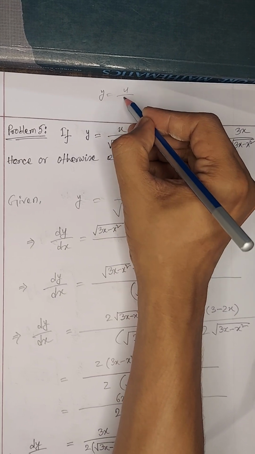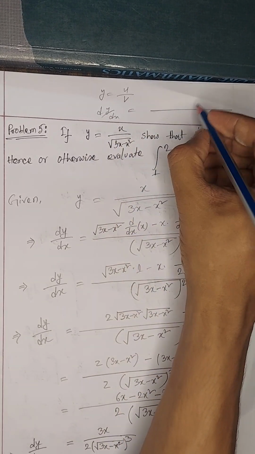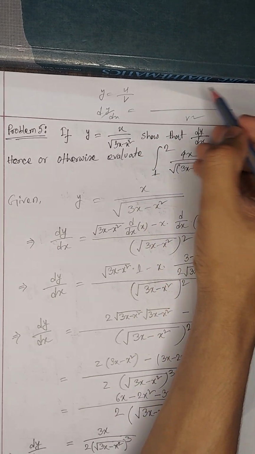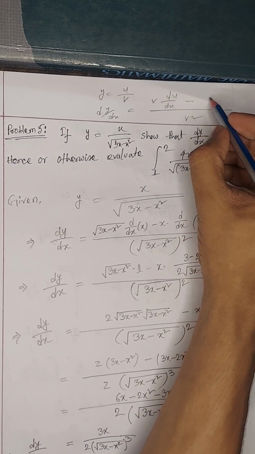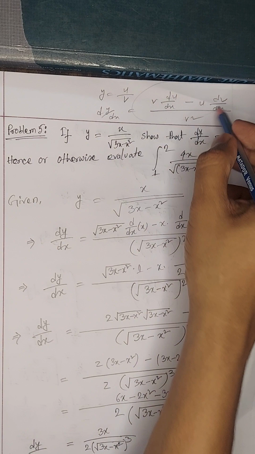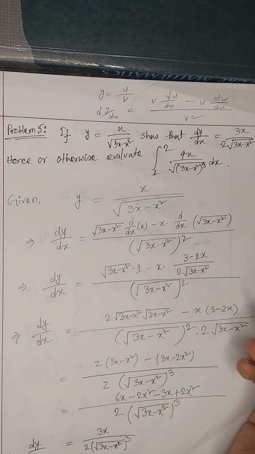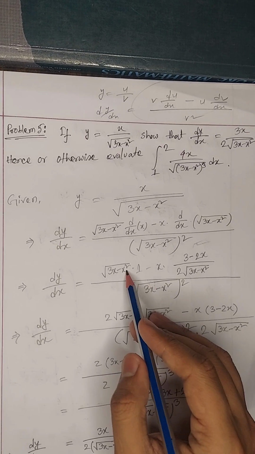The formula is, if y is equal to u by v, then dy by dx will be (v du by dx minus u dv by dx) over v square. So according to this formula we get this term. Then we just have to do a little calculation here for the root over term.